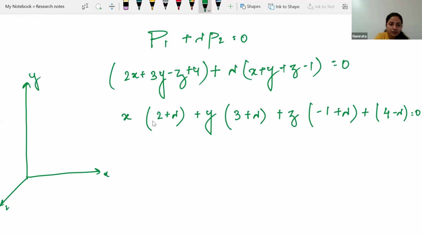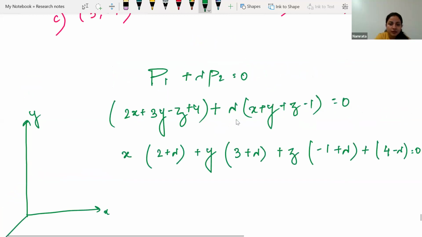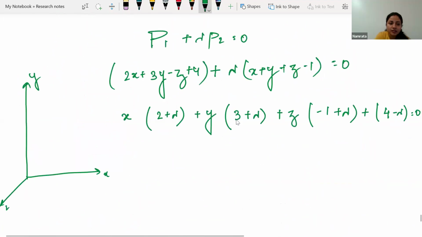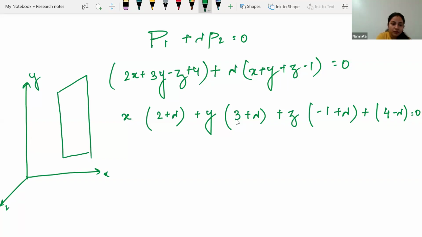If we take a plane which is parallel to y-axis, basically our plane will look like this one. So this is how our plane will look like, a plane which is parallel to y-axis, right?